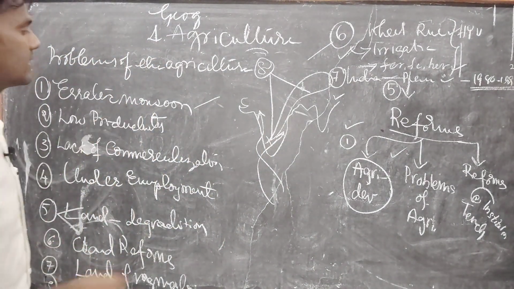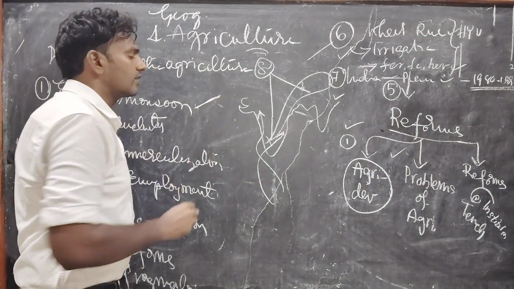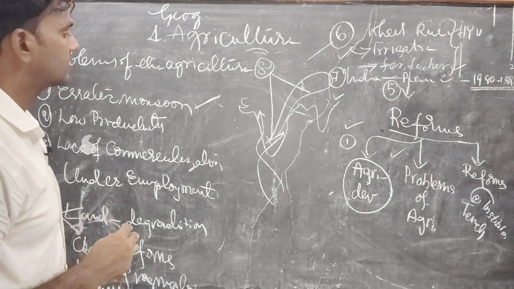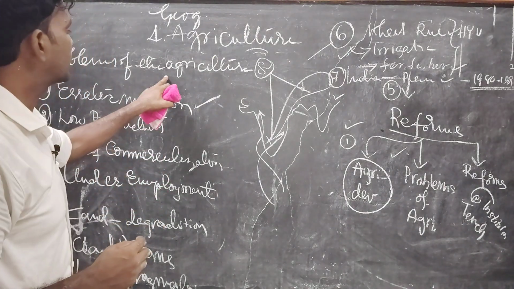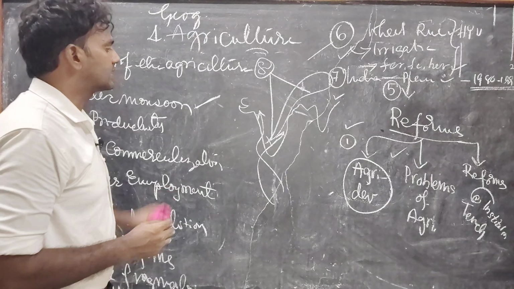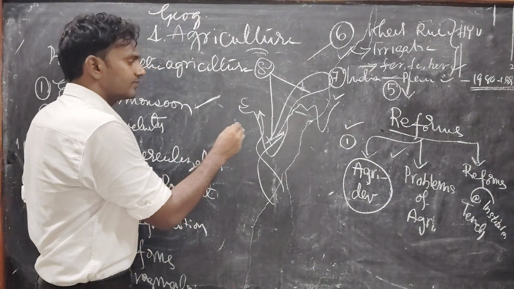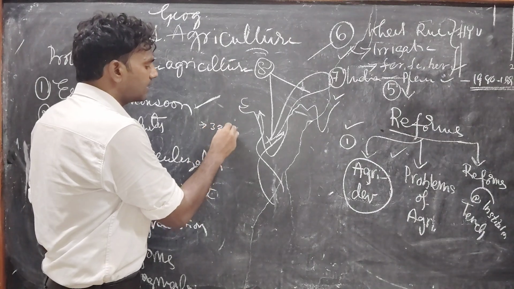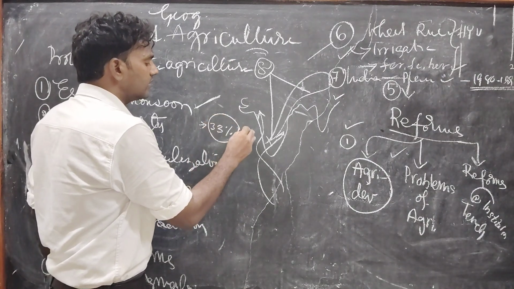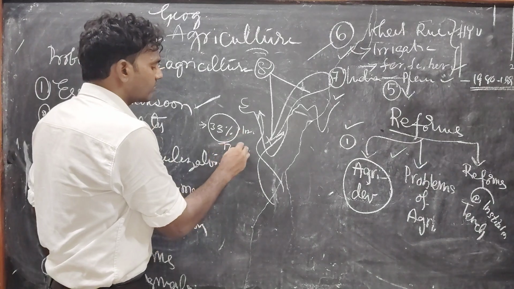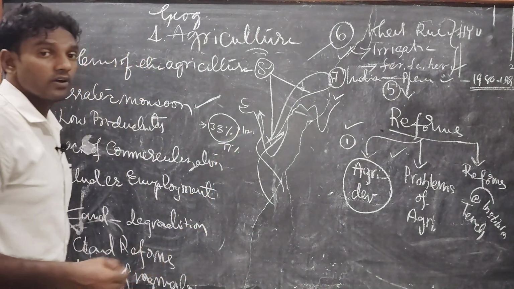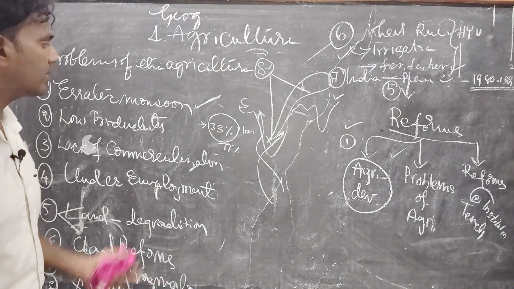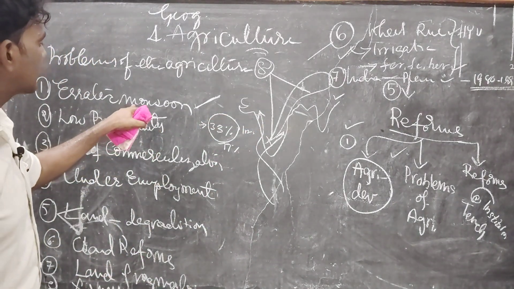It is irregular in nature. It doesn't come regularly. That is one of the problems. If it comes irregularly, what will happen? For agriculture, we need irrigation. In India only 33% has irrigation. The remaining 77% depends upon the rainfall. So the 77% of land is not cultivable. Why? Because there is no regular monsoon.